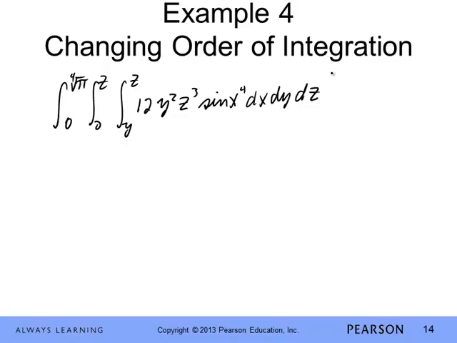Now, the region that you're integrating over in 3 dimensions is defined by those limits of integration. So, x is going to vary between y and z. y is going to vary between 0 and z. And z is going to vary between 0 and the 4th root of pi.